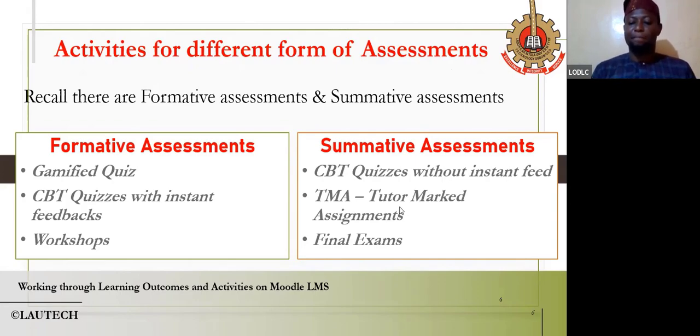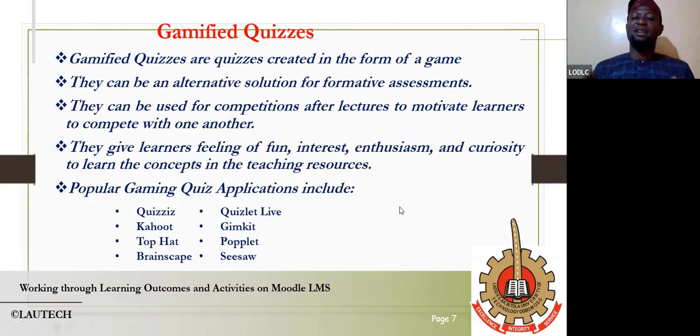Then, let me try to explain what these formative and summative assessments are all about. Let me start with the formative assessment. One of the examples of formative assessment is the gamified quiz. Gamified quizzes are quizzes that are created in the form of a game, just to create fun for students.